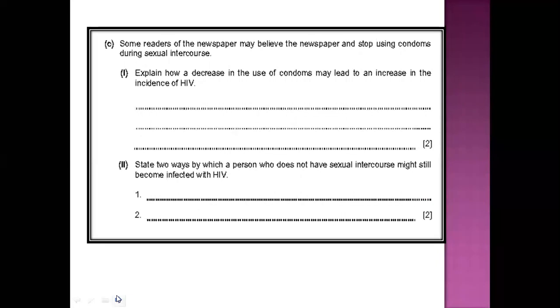Explain how a decrease in the use of condoms may lead to an increase in the incidence of HIV.